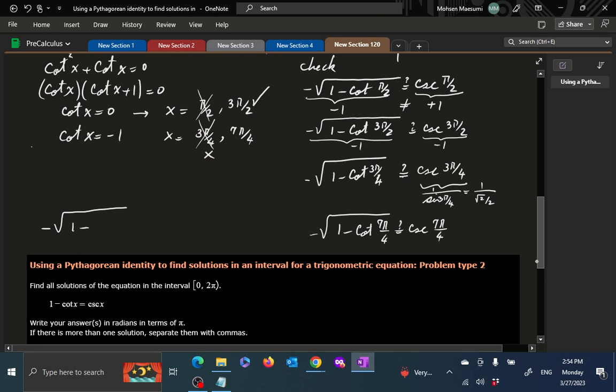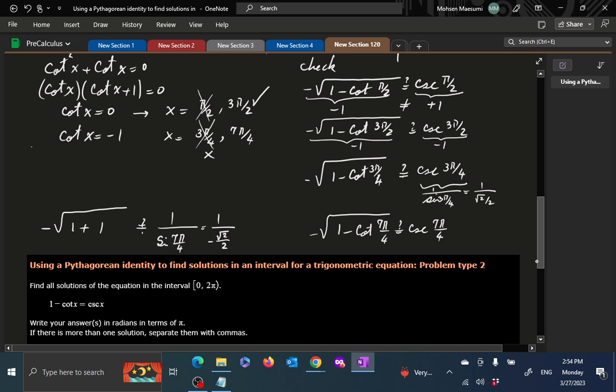Tangent is minus 1, minus that becomes plus 1. Is that the same as 1 over sine of 7 pi over 4? Well, what's that? 1 over minus radical 2 over 2.